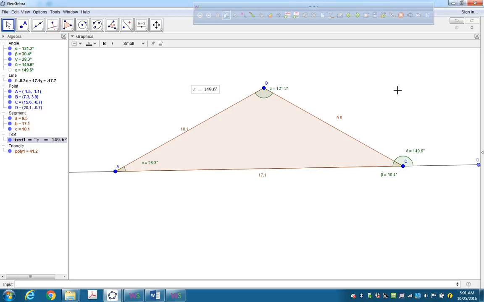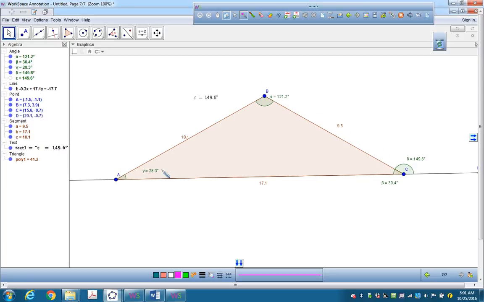Questions about that? So that is a conjecture. Who can tell me why that would be true? Anyone have any ideas why that's true? Say I'm going to write right on top of this.